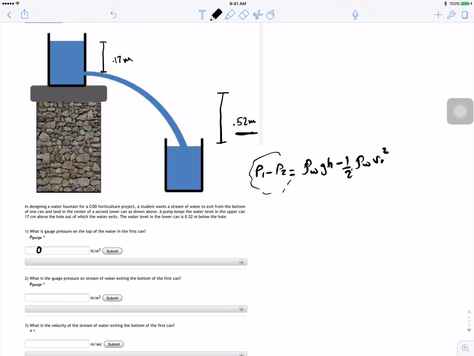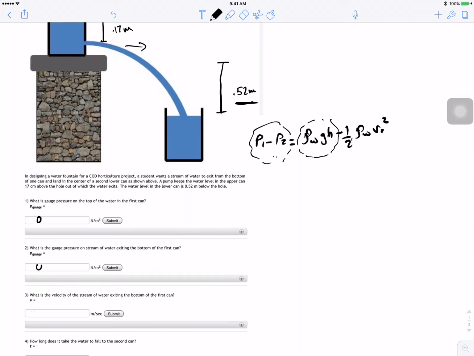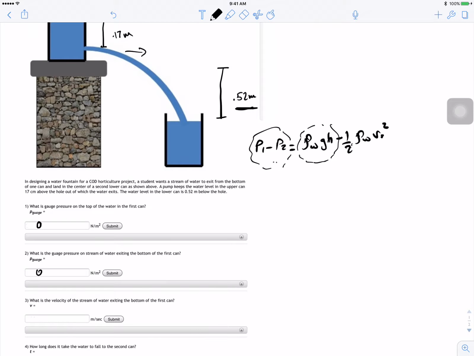This value will be equal to 0 because all the potential is going to transfer to kinetic energy on the bottom. So this differential will be 0. Okay, and the same thing with the second question, for the same reasoning. I could be wrong, but the answer is 0 for both of these.